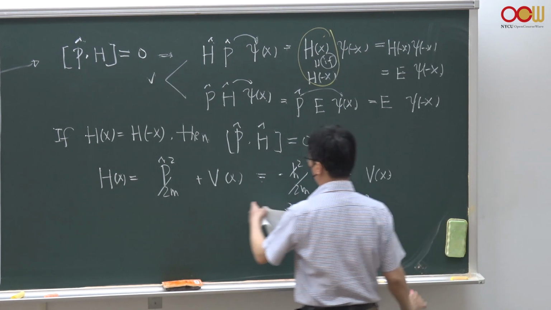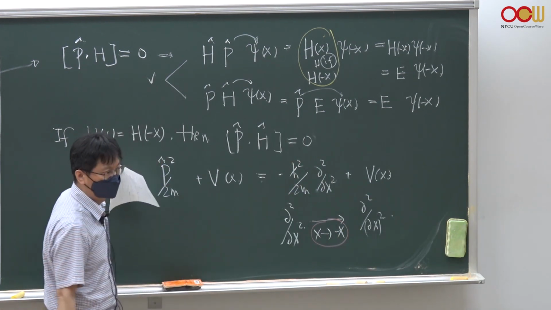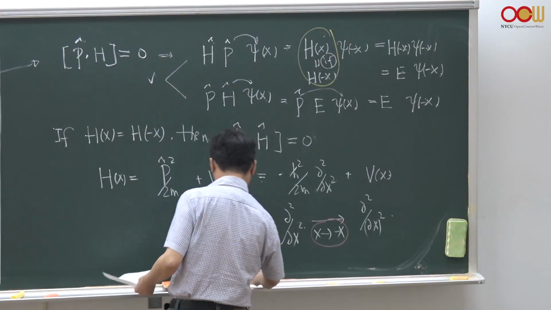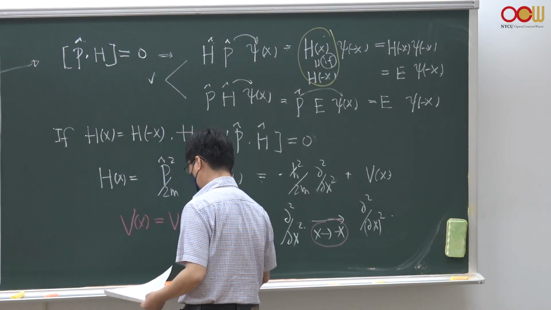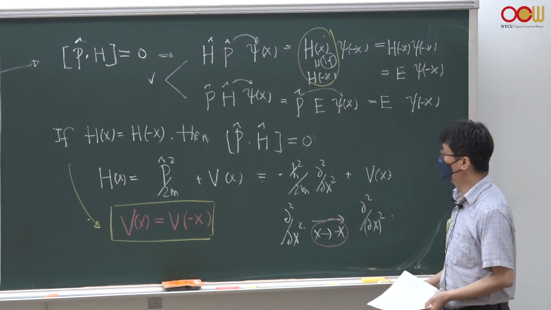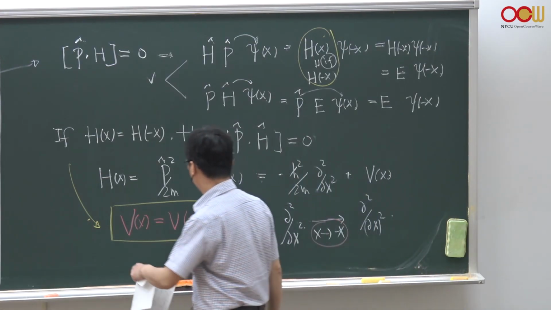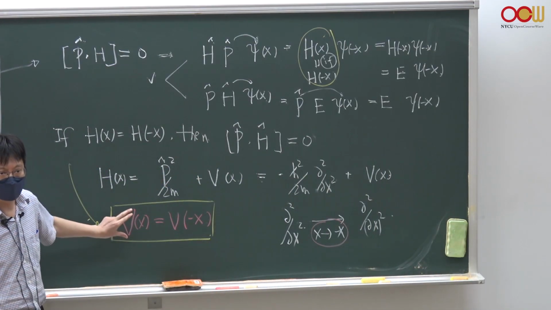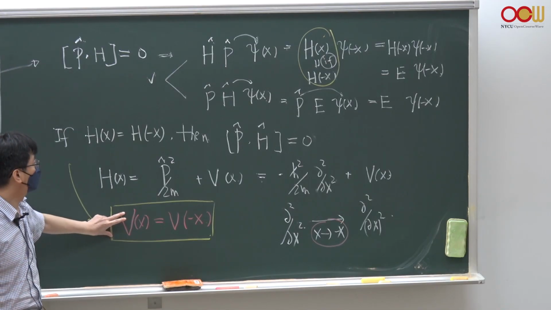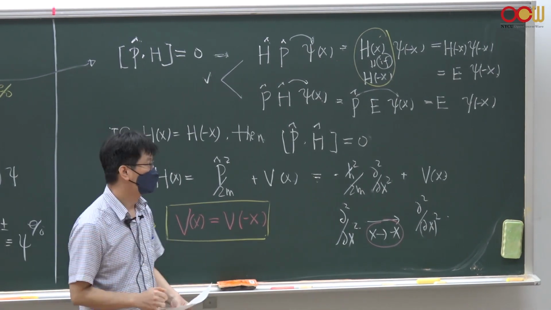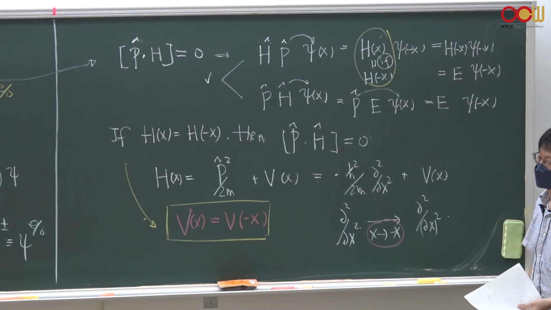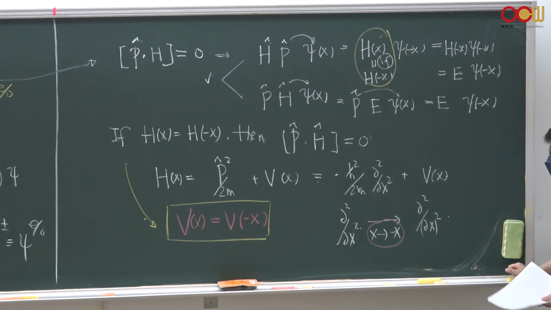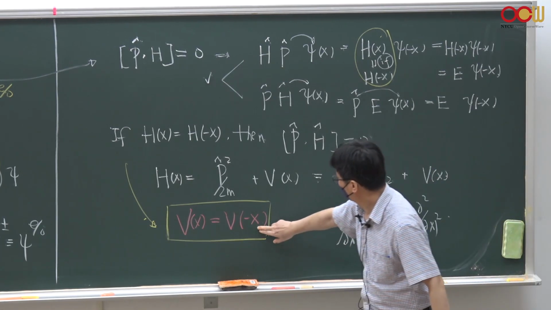So the only thing that we need in order to satisfy this parity symmetric condition is that V of x is the same as V of minus x. Okay, so we complete the circle, and we successfully show that if we have such a condition satisfied, we know for sure that the eigenstates could be decomposed into two different parts, namely the even parity symmetric eigenfunction and the odd parity symmetric eigenfunction. But what is this condition telling us?